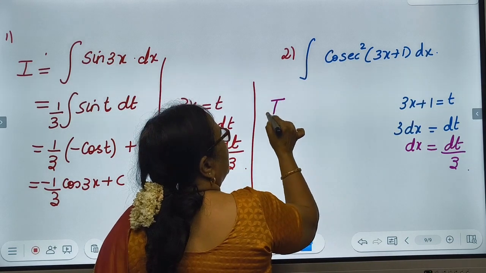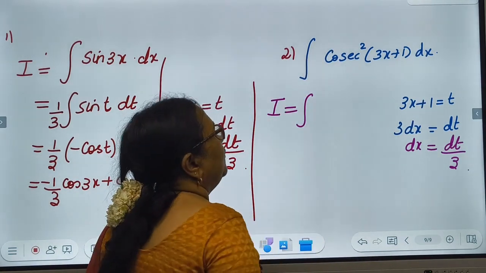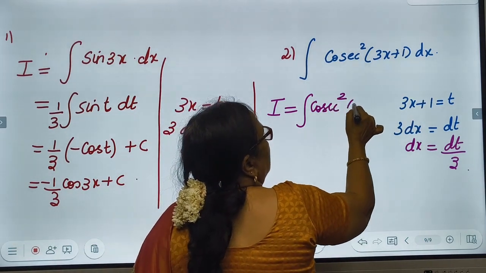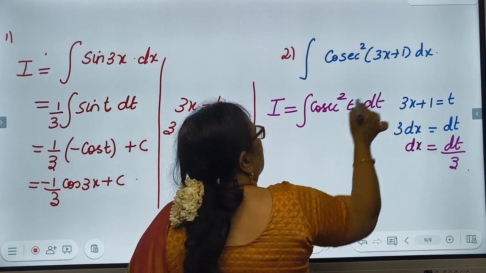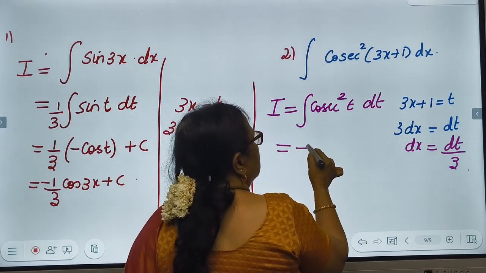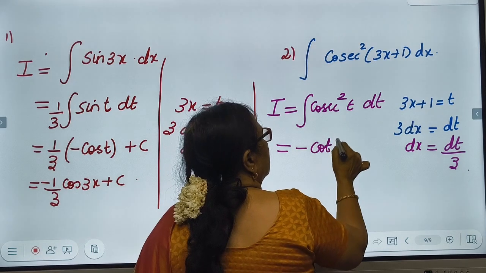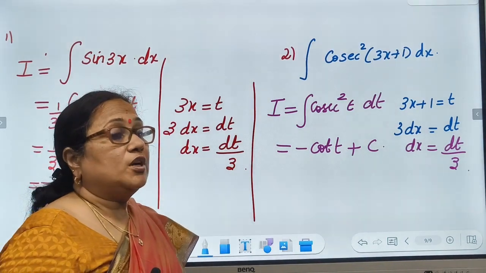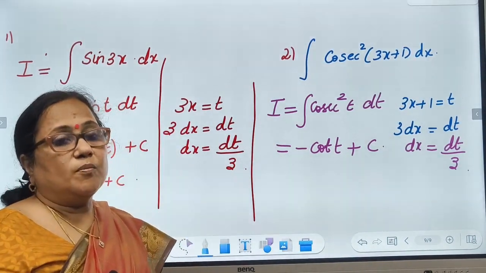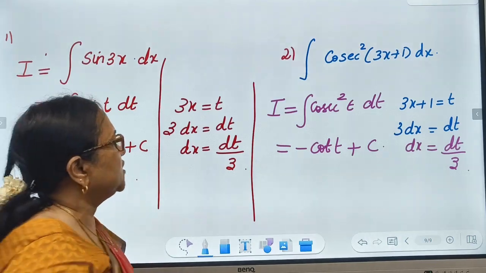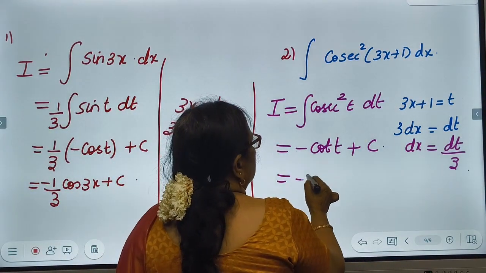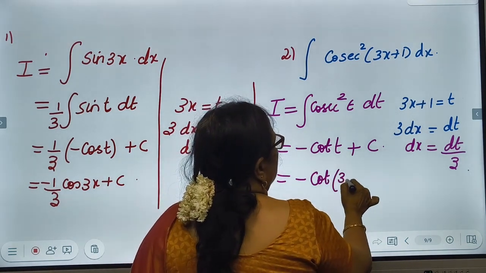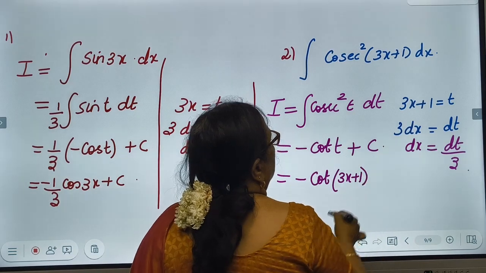So I will be equal to the integral of cosecant square t dt. The integral of cosecant square t is minus cot t plus c. The derivative of cot t is minus cosecant square.